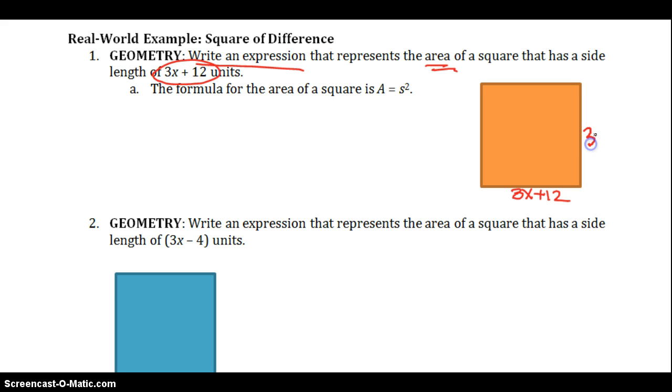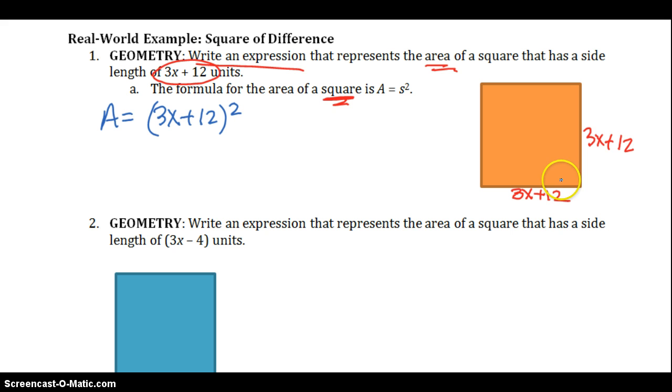All of my sides are going to be 3x plus 12 because they told me it is a square. And the area of a square is side squared. So I'm going to have the square of a sum. I'm going to need to square 3x plus 12 to find the area of this square.